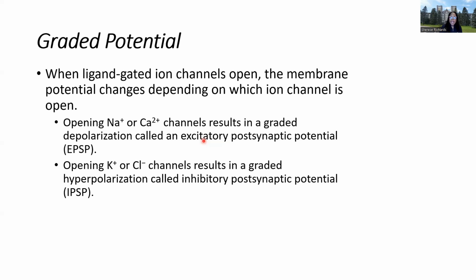So that becomes more negative on the inside. Likewise, if I open up a chloride channel, chloride is a negatively charged ion. So when chloride enters the cell, that's going to result in a negative change of the membrane potential, which can also be classified as hyperpolarization. And this is ultimately referred to as an inhibitory postsynaptic potential.